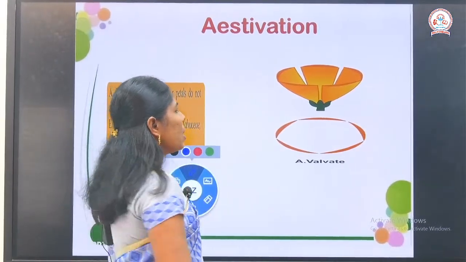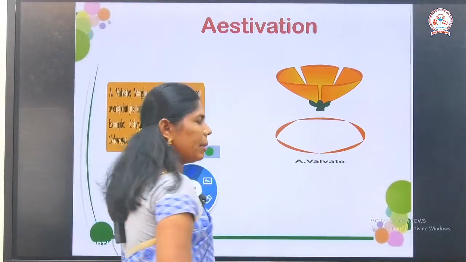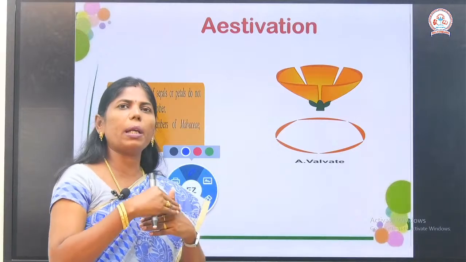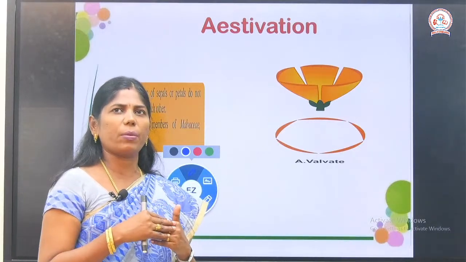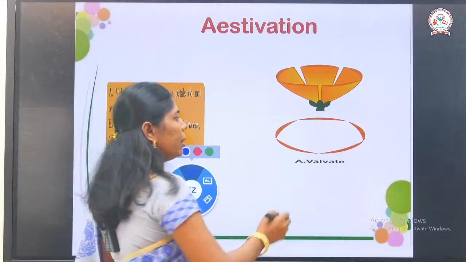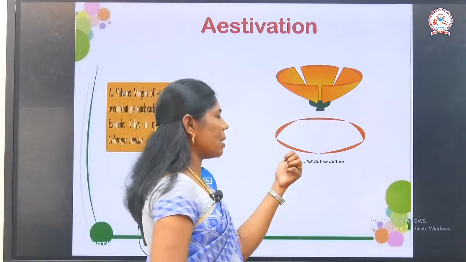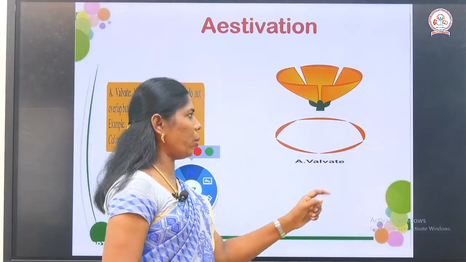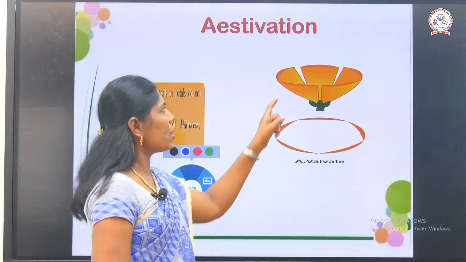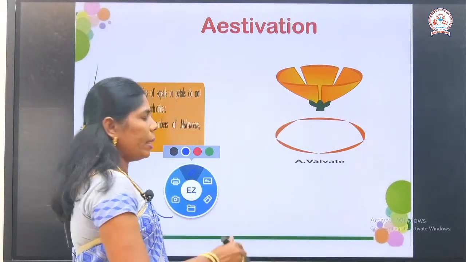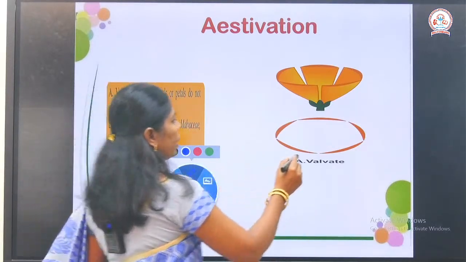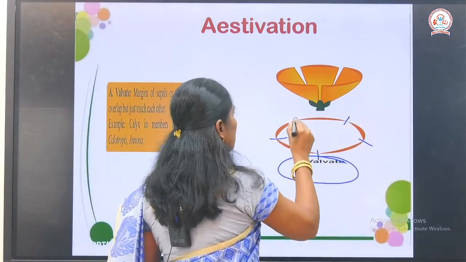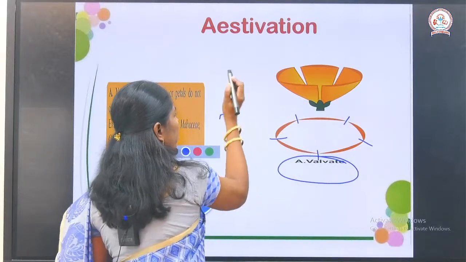Okay, listen children. Valvate means each sepal and petal just touches one another. That is not overlapping. If it is overlapped, that is another aestivation. This is valvate aestivation. Each segment is considered a sepal or petal, and each one just touches the next. It just touches, that's all, it is not fused.